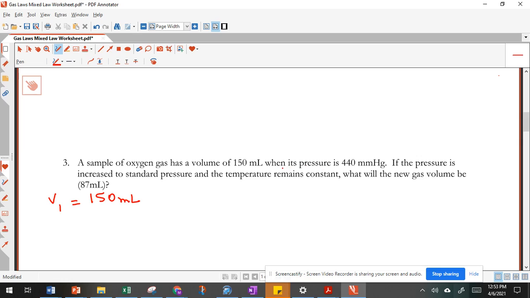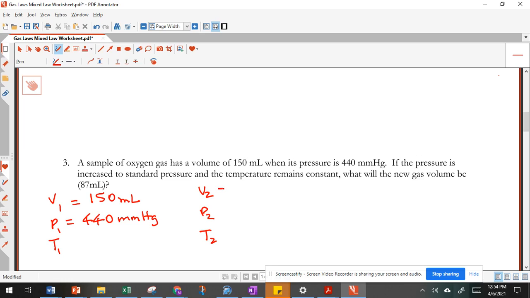And then it says its pressure, so this goes with this volume, so these two go together, P1 is equal to 440 millimeters of mercury. I also want you to put down T1 in your table, and then you have V2, P2, and T2.